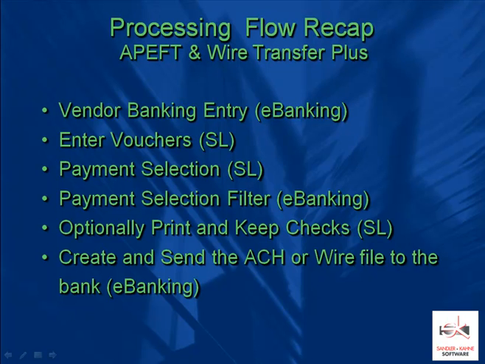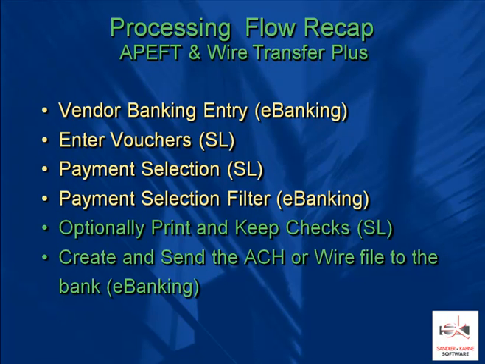In summary, here's what's involved in using AP EFT or Wire Transfer Plus. First, for each vendor that you plan on paying electronically, you need to tell eBanking how you want to pay, the vendor's banking information, whether you want to send remittance advices by email, etc. Then you follow your normal flow by entering vouchers and selecting vouchers to pay.